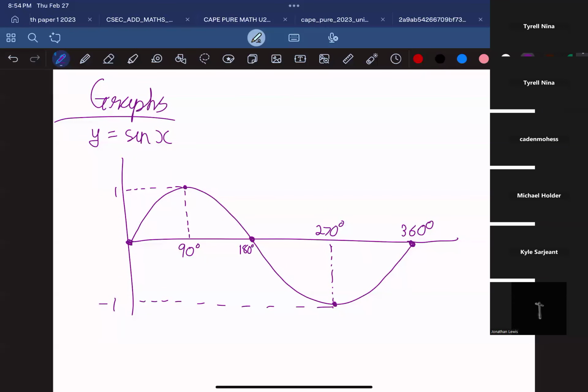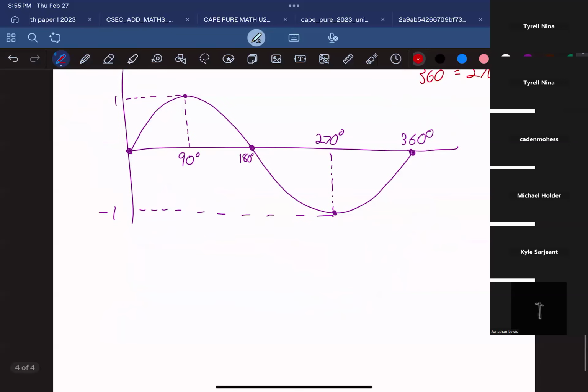If we make a note here, 90 degrees is pi over 2 radians, 180 degrees is pi, and 360 degrees is 2 pi. All right, cool.